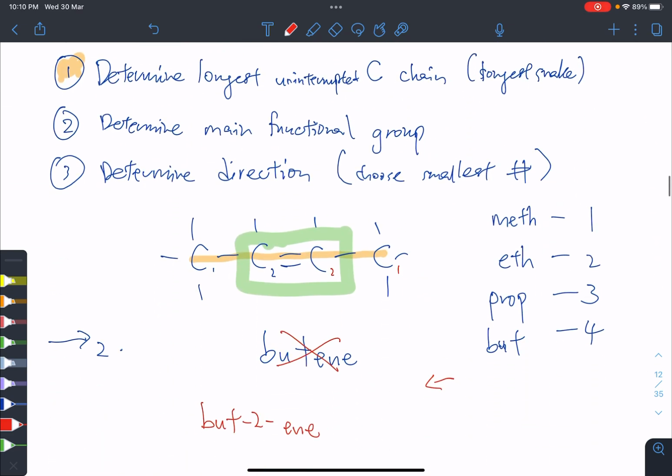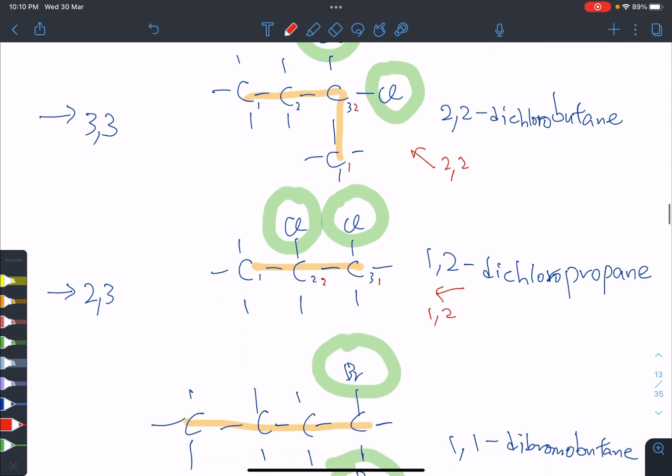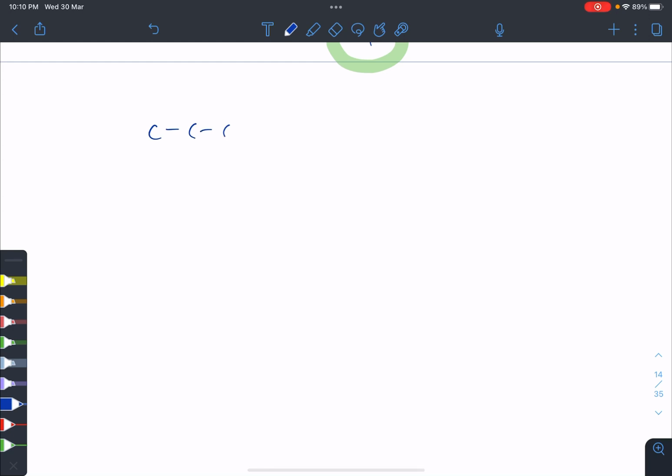But let's say, if you just rigidly look at it and go, oh, it must be either 4 or 3, then you are wrong in both cases, because you are looking for the longest uninterrupted carbon chain.